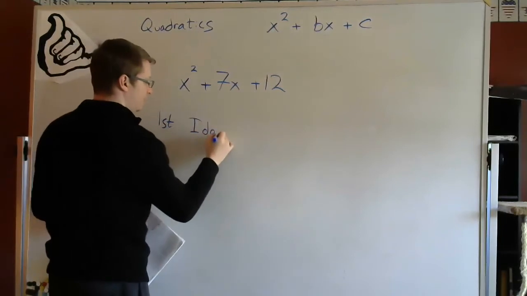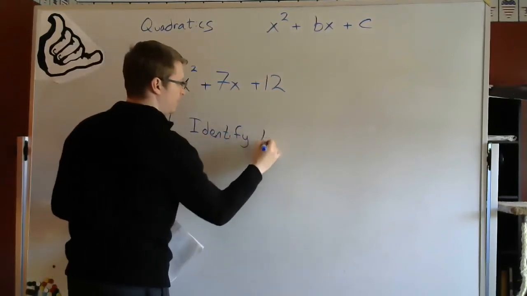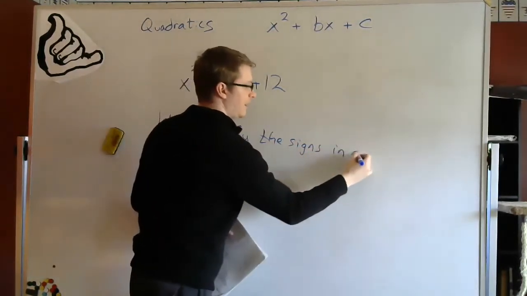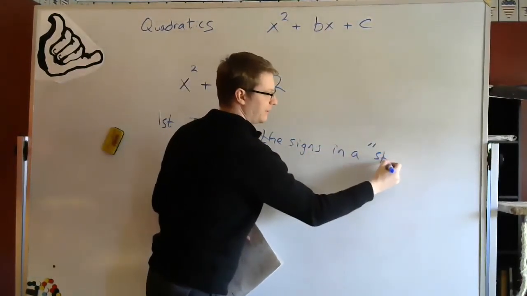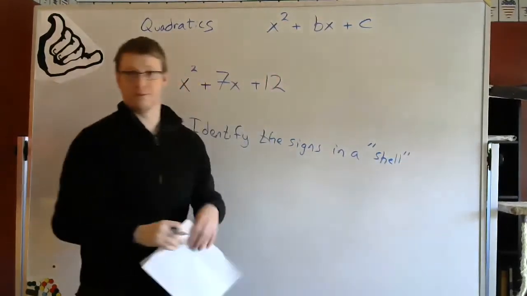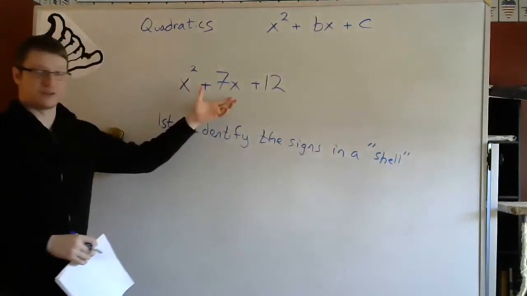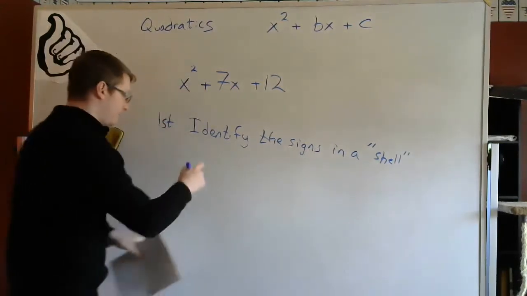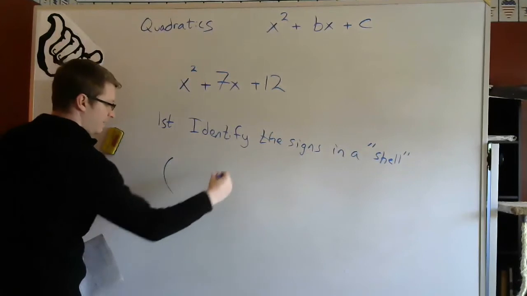identify the signs in a, I'm going to use this word here, shell. And what I mean by shell is, if I'm going to factor this thing, it's going to factor into two binomials. So here's the shell that I'm talking about.